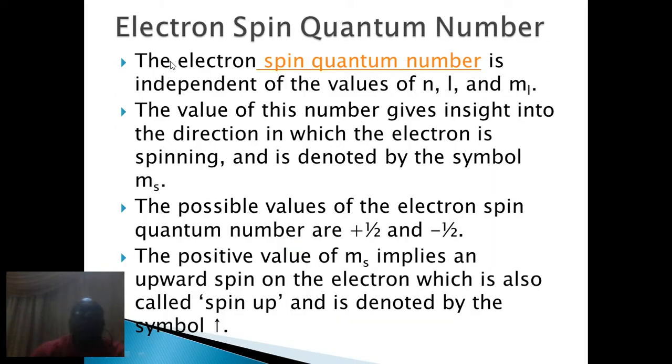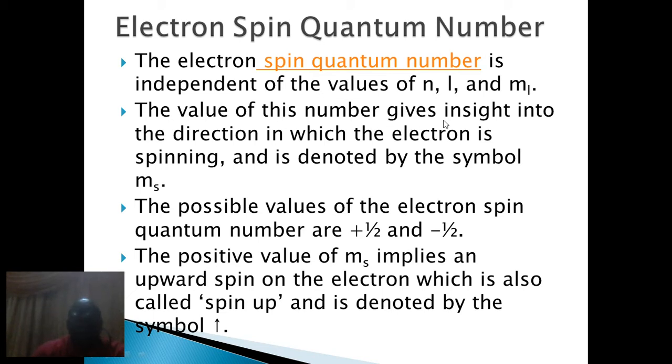Then the fourth quantum number is the electron spin quantum number. This is dependent on the values of n, L, and mL. Electron spin cannot be determined by the principal quantum number, the azimuthal quantum number, or the magnetic quantum number. It cannot be determined on its own.